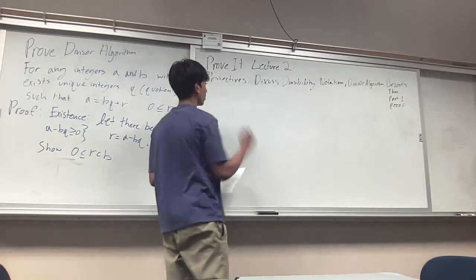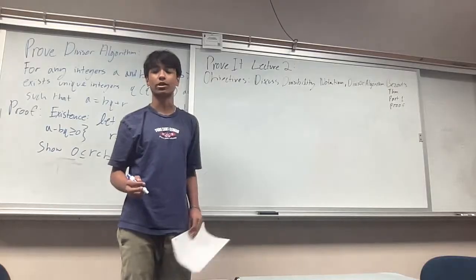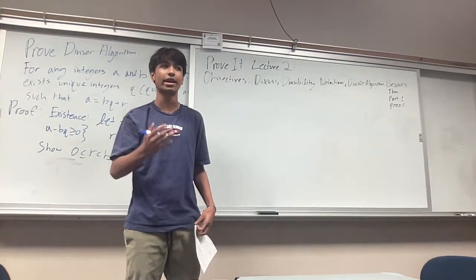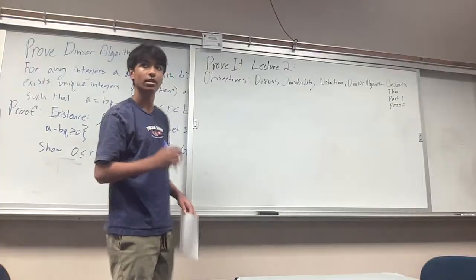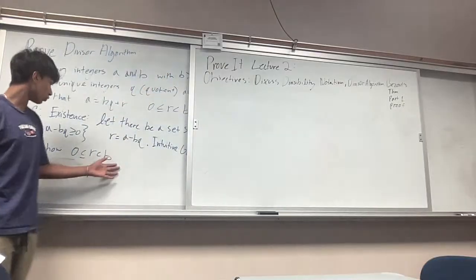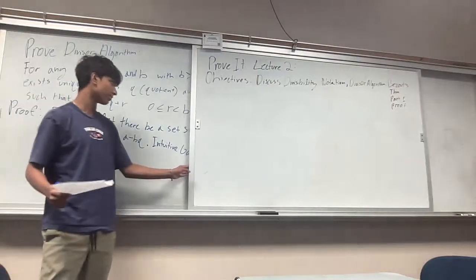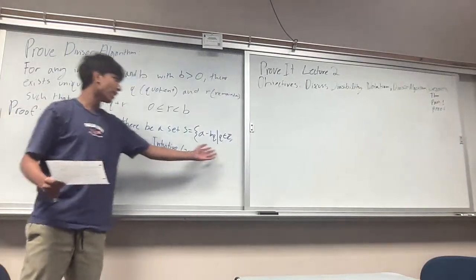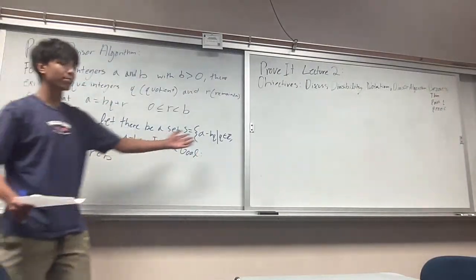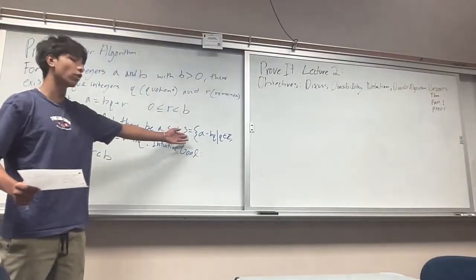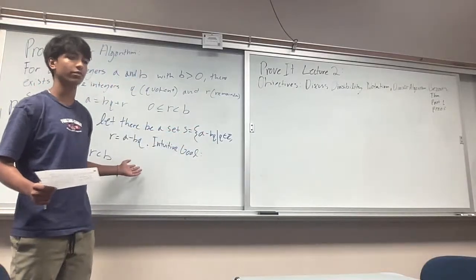All right. So a great technique to start for these more abstract proofs is to define a smallest element of the set. Elements are really cool because they give you a big domain of numbers with a certain characteristic. So S is defined by this. This is a lot of jargon, but it's just A minus BQ, or just R. This set S is for all the integers that could be R, the remainder.